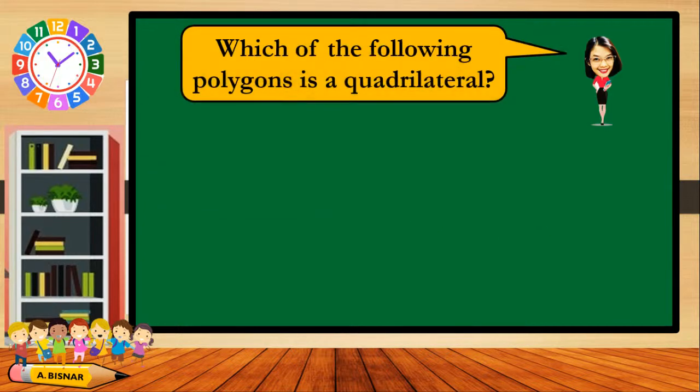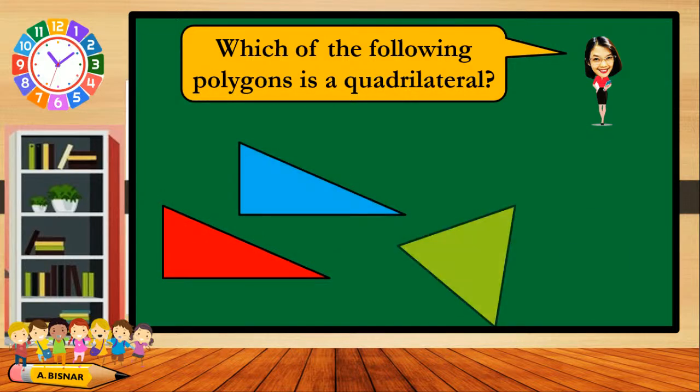So, from the illustration, which of the following polygons is a quadrilateral? Meron ba o wala at bakit? May quadrilateral ba dito? Meron, wala, bakit? Type your answers.